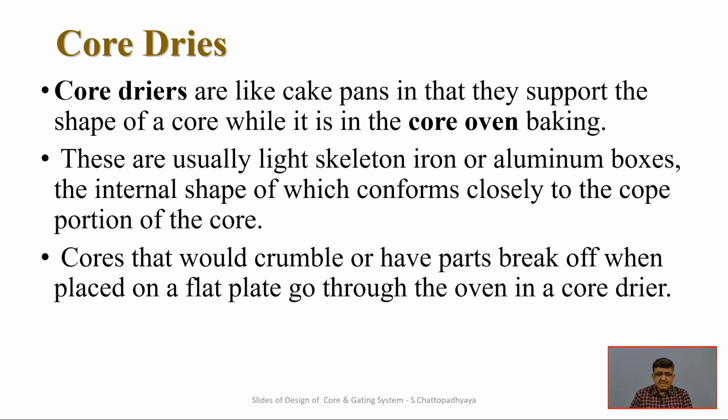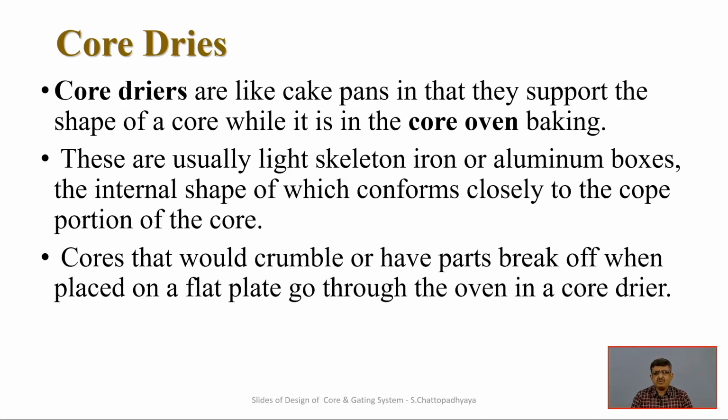And the core dryers are also absolutely necessary in order to remove the moisture, and they are like cake pans in that they support the shape of the core while it is in the core oven baking. The oven will ensure removal of all the moisture contents present in those core sands. It is just like baking a cake, and these are usually light skeleton iron or aluminum boxes whose internal shape conforms closely to the core, and those kinds of shapes are also imparted.